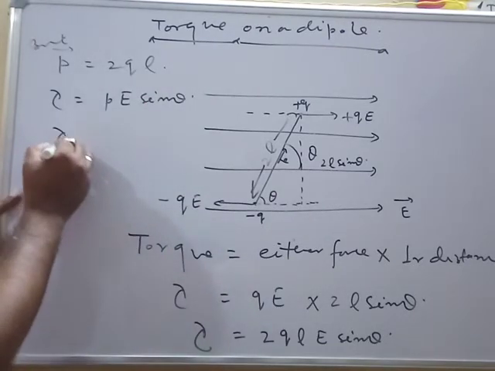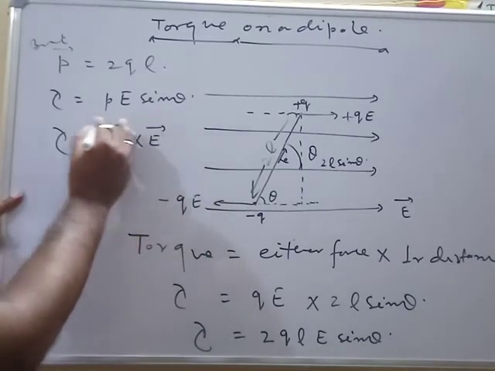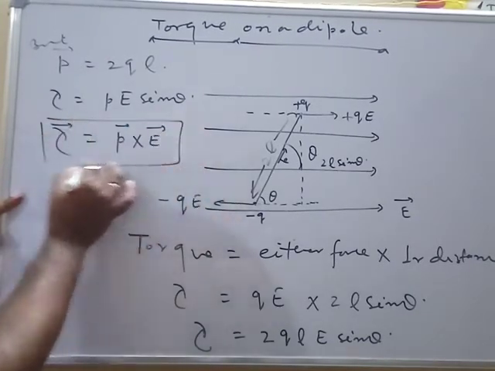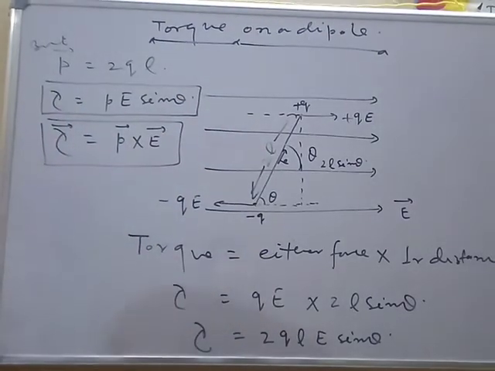Now this torque equals P cross E. This is the required relation.